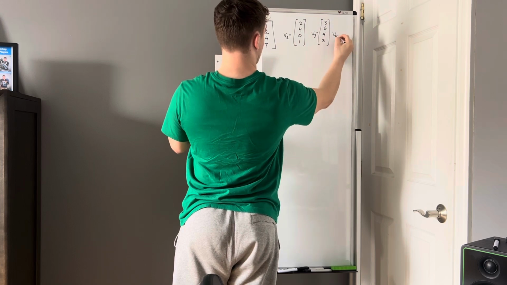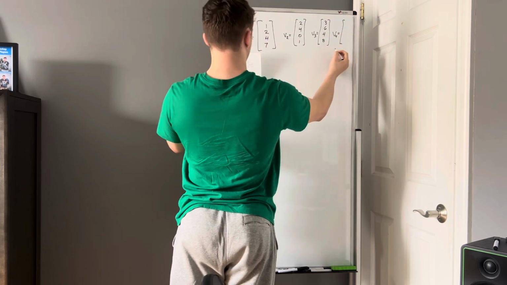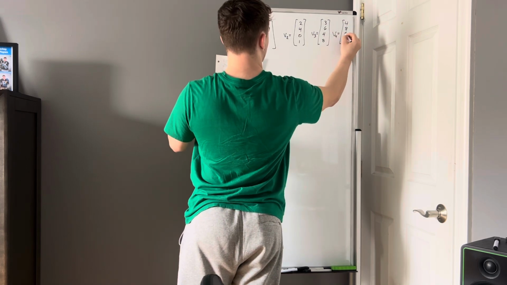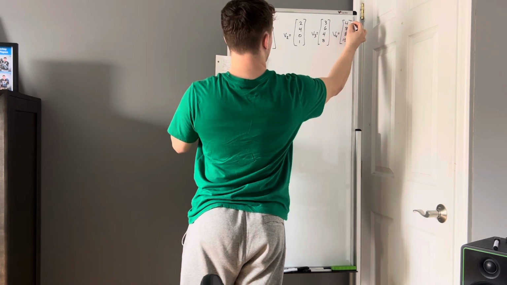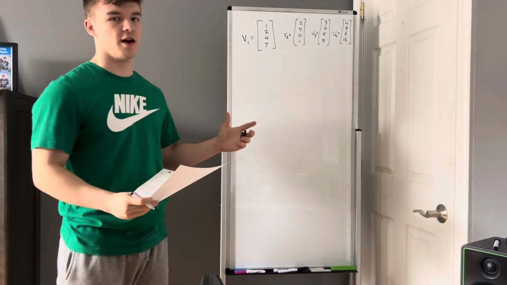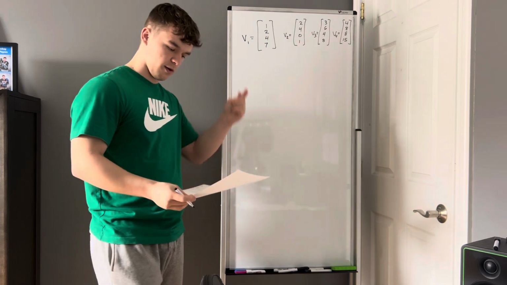And V4 was, apologize, I'm running out of space here, 4, 8, 8, 15. Okay, so this is our set of vectors. They're a little crammed, but let's not worry about that.